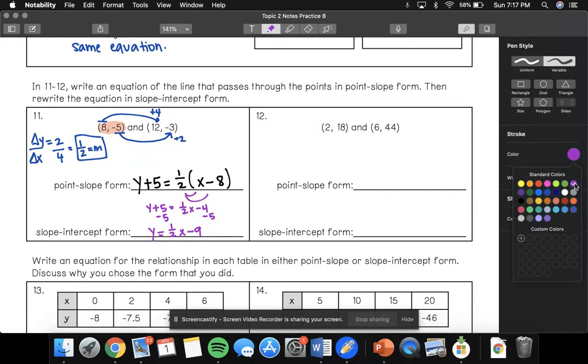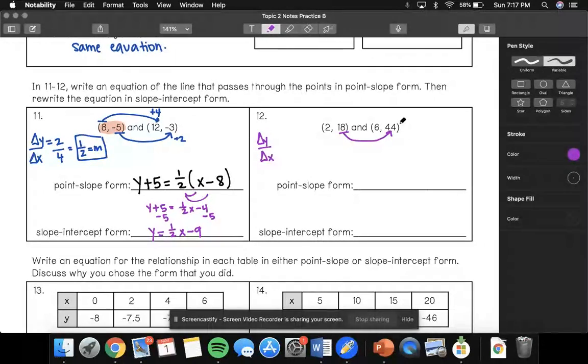For these 2 points, we have (2, 18) and (6, 44). We want to first write it in point slope form and then slope intercept form. I'm going to find the slope first. To get from 18 to 44, I do 44 minus 18, so I get 26. I have to add 26; that's the change in my y values.